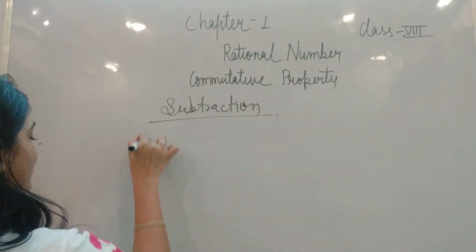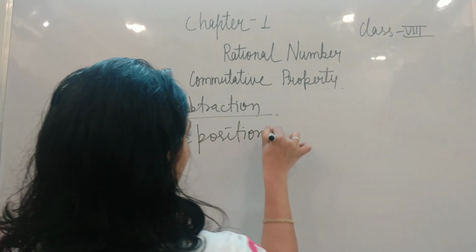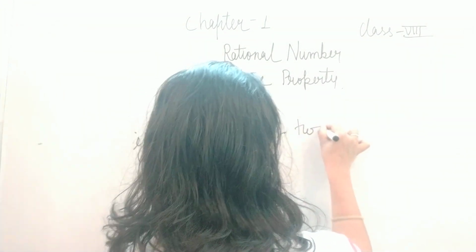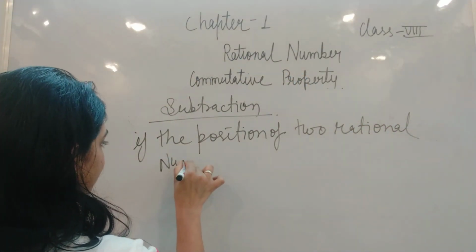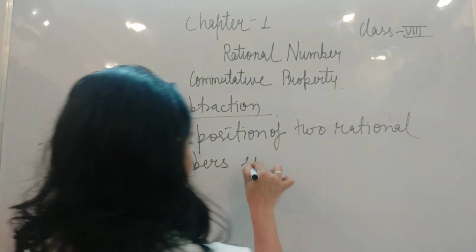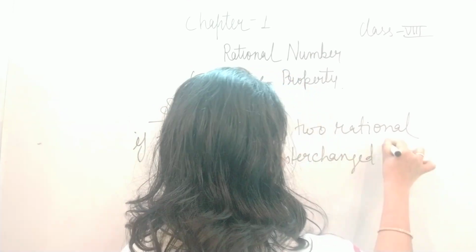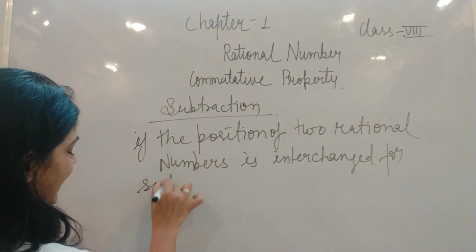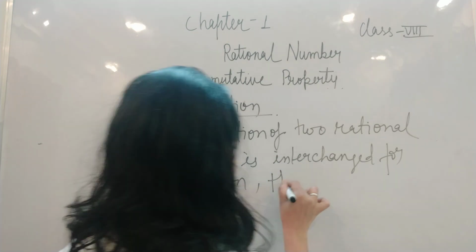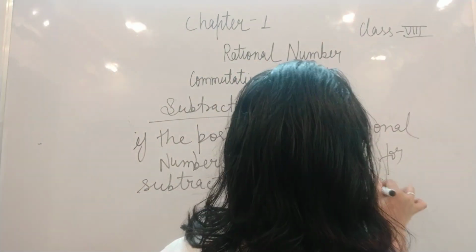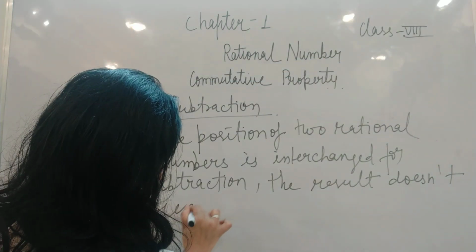If the position of two rational numbers is interchanged for subtraction, the result doesn't remain same.